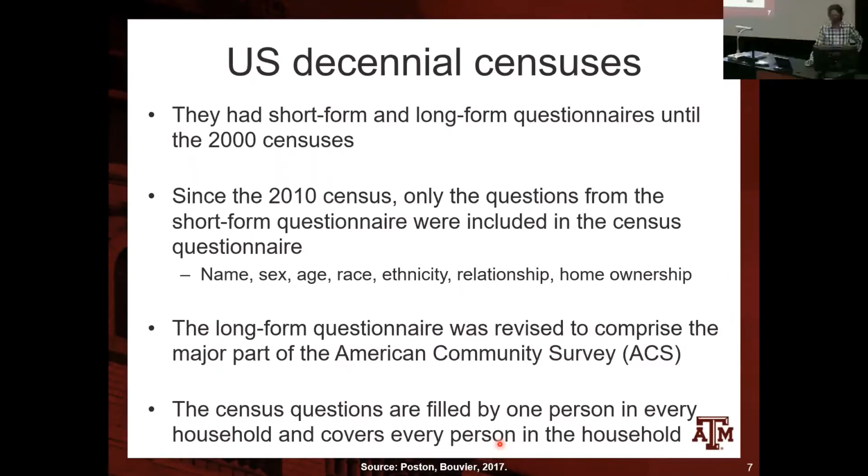If you prefer, you can answer by paper, and then you send it back for free to the Census Bureau by mail. And if you don't answer, the Census Bureau keeps trying to reach you, sending the form again. And if you still don't answer, someone knocks at your door and asks you to answer the questionnaire.